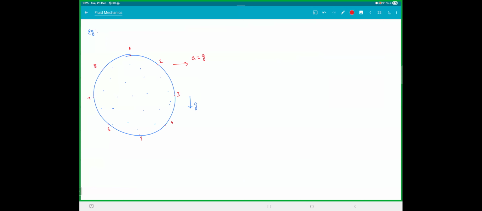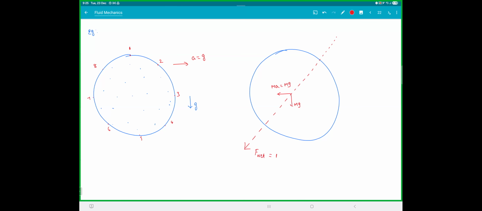Now if I ask you, arrange them in ascending or descending order of pressure. Now see what happens. What's the direction of net force? The pseudo force will be ma, and your weight will be mg. So this is also mg only. So the direction of net force will be this. This is your F net.